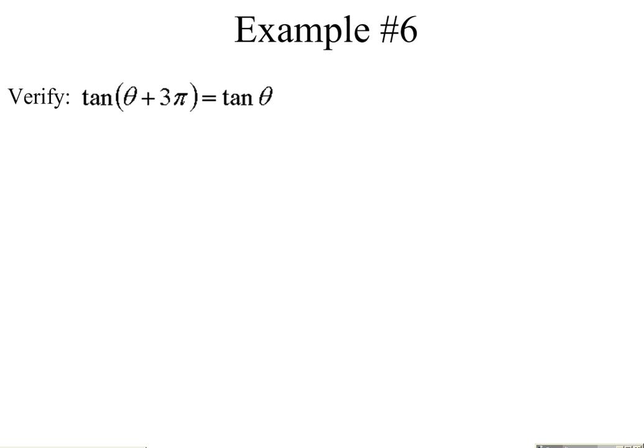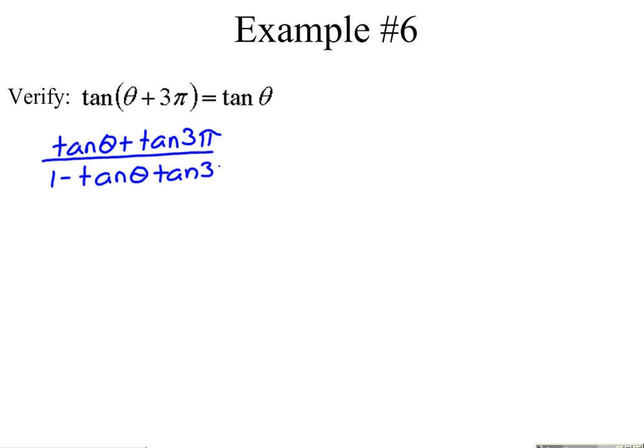Sum identity for tangent. Tangent theta plus 3 pi. Tangent A plus tangent B divided by 1 minus tangent A, tangent B. Talking about the angle 3 pi.